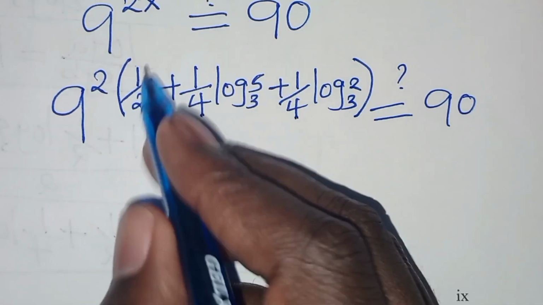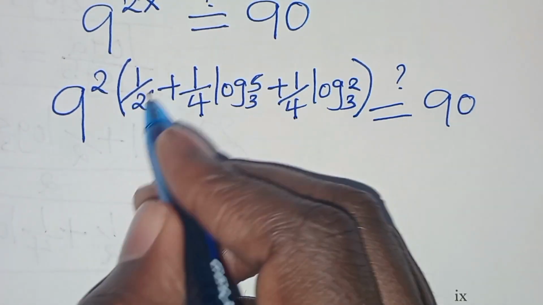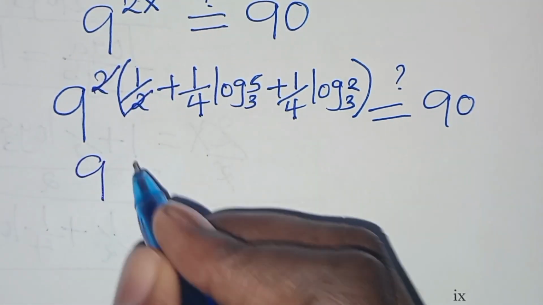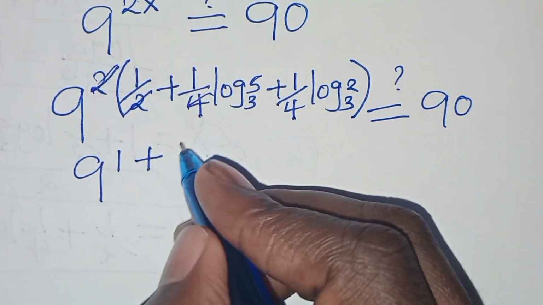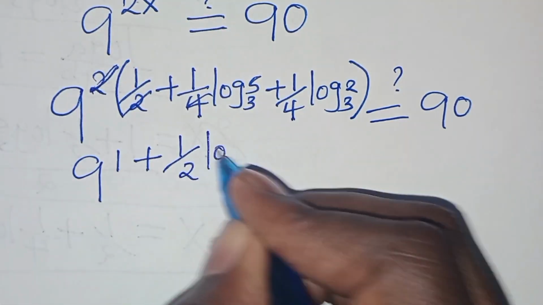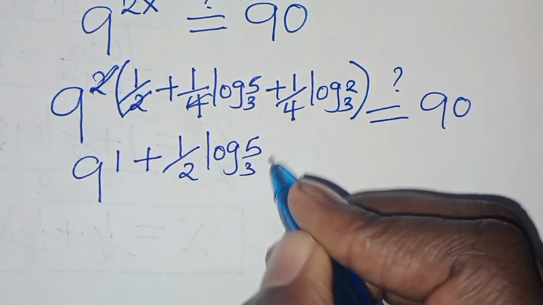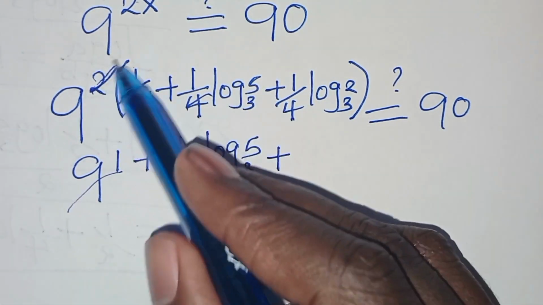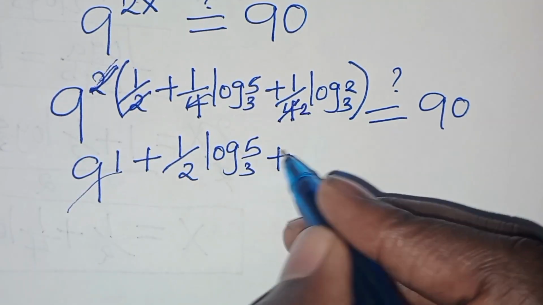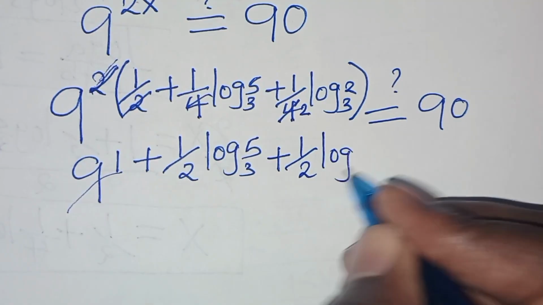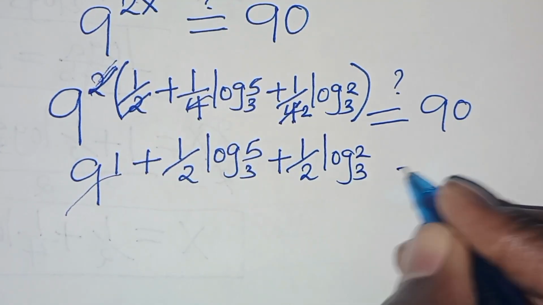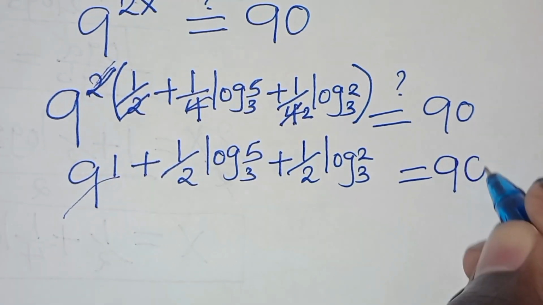So let's simplify here. We'll have 9 to power 1 plus, now we simplify 2 here. This is the same thing as half log 5 to base 3 plus, now 2 and 4 here will give us a half. This is the same thing as half log 2 to base 3. This is supposed to give us a value of 90.